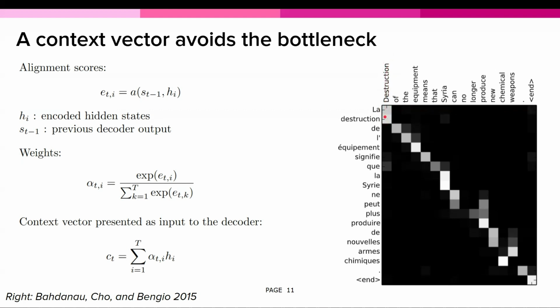And we can see that this trend is, to a first order approximation, fairly well preserved as we go through the sentence. So for example, we don't need to pay attention to anything else in order to know that destruction translates to destruction. There are a couple exceptions though. So Syria, for example, in English, translates to la Syrie in French. And so we do need to pay attention to both of these words in order to do that translation effectively.